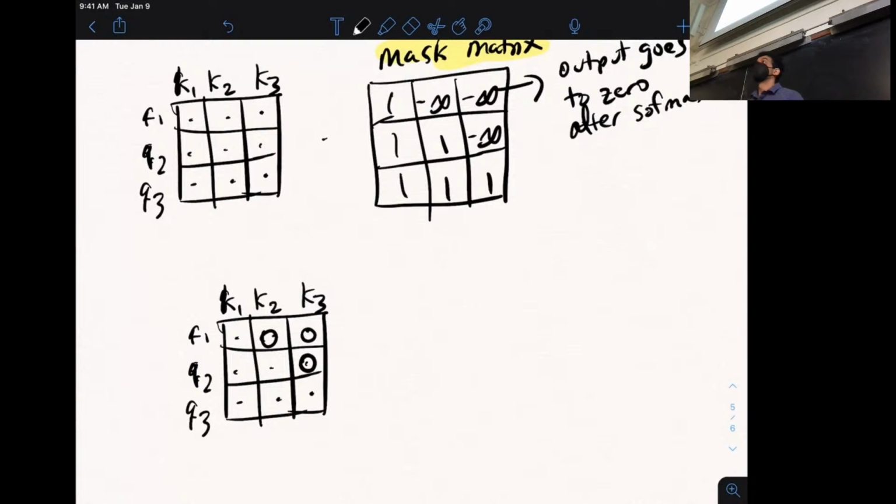Exactly. During training time, I already know the ground truth sequence, right? That's how I'm training the model. At test time, I don't know what's going to come next, so I don't have the full sequence. I have to proceed word by word. So at test time, there's no benefit to a self-attention-based model over a recurrent model. Both of them have to go word by word. It's at training time where they differ.